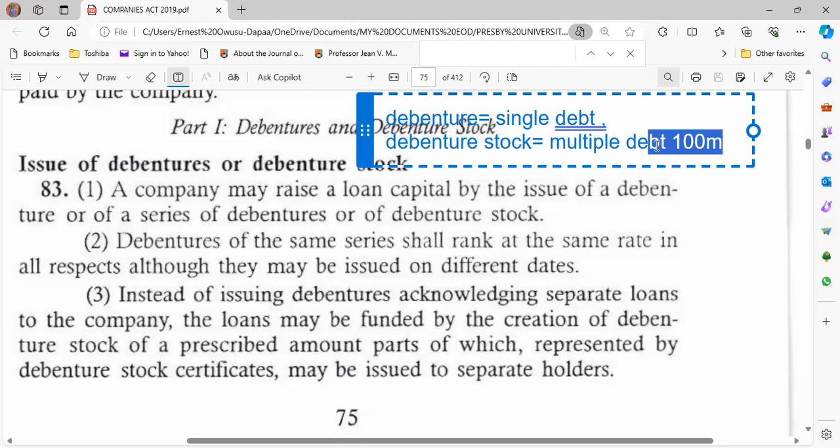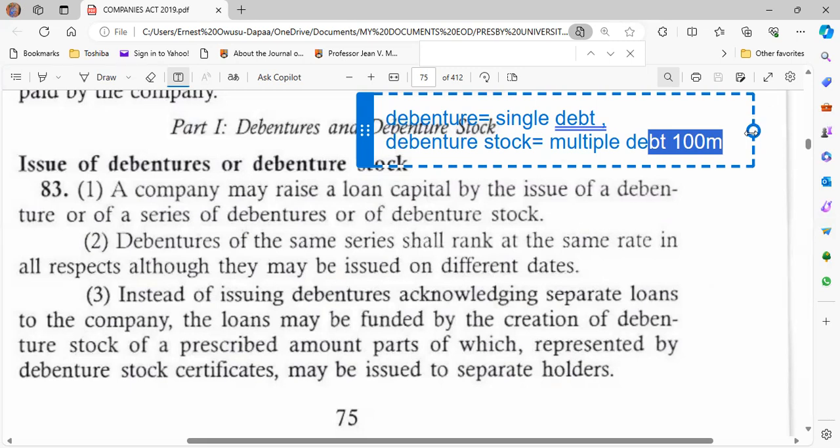You get various individuals or entities who contribute various amounts to get the 100 million, but they can get what we call a trustee, somebody whose duty is just to hold the title in respect of the debts and manage the interest and collection and everything for the benefit of those who contributed the debts. So that is also possible.